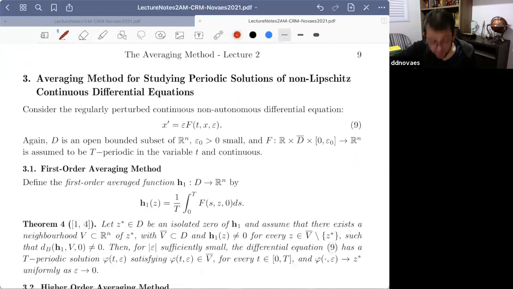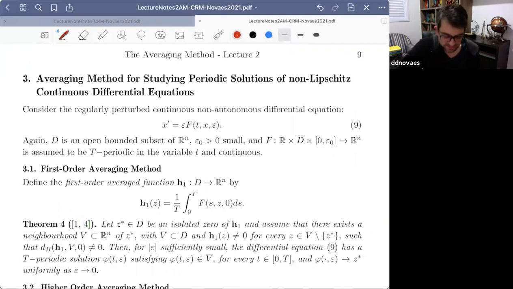But how about if we consider only continuous difference equations? I don't want to consider Lipschitz difference equations now, just continuous. Can we use the averaging method to say something about bifurcation of periodic solutions?